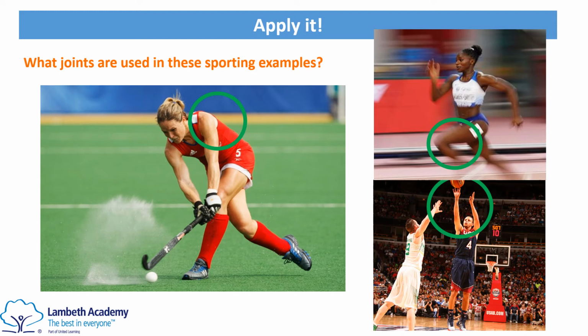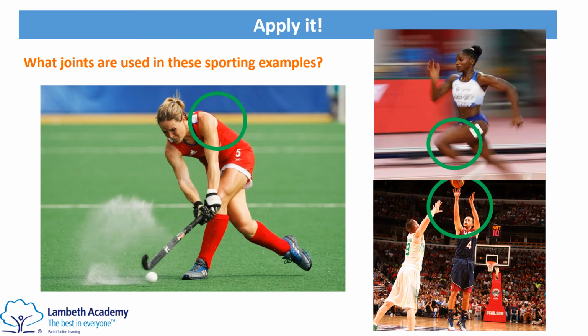And then our final photo down at the bottom right hand side, what joint is being used in order for him to release the ball? Hopefully we were able to correctly identify that would be the condyloid joints in the hands that are allowing that ball to be released.